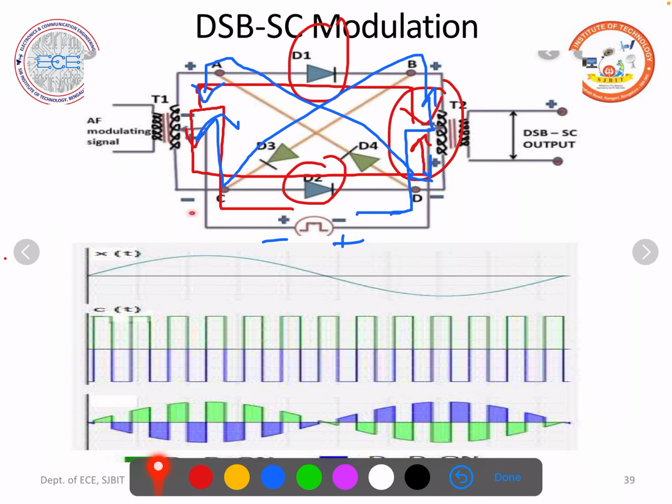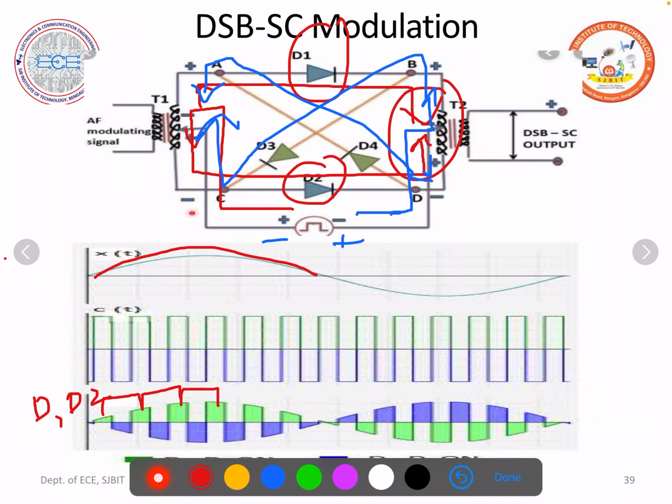When m of t is in its positive half cycle, during the positive cycle of the carrier, D1 and D2 are on. Then during the negative half cycle of the carrier, D3 and D4 are on. I'll mark it, this one, this one, this one. In all these cases, in the positive half cycle, D1 and D2 are conducting.